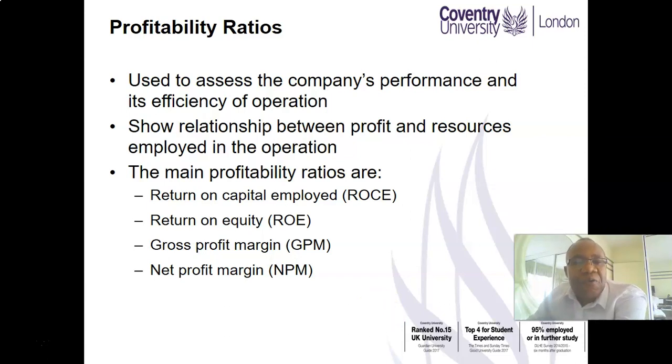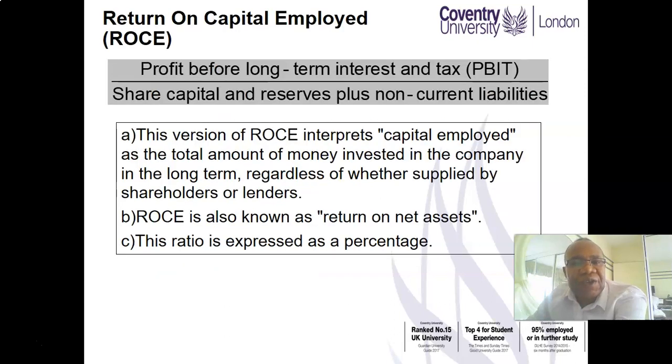There are four main types of profitability ratios, the most important of which is return on capital employed, ROCE. Then we've also got return on equity, ROE, gross profit margin, and net profit margin. Let me now focus first of all on the ROCE, return on capital employed.